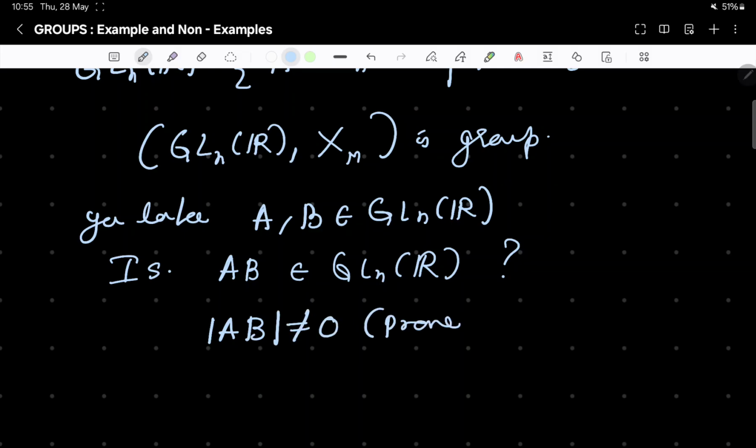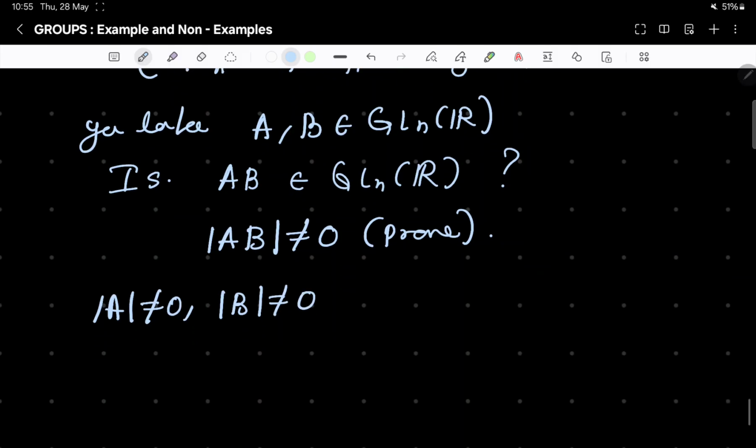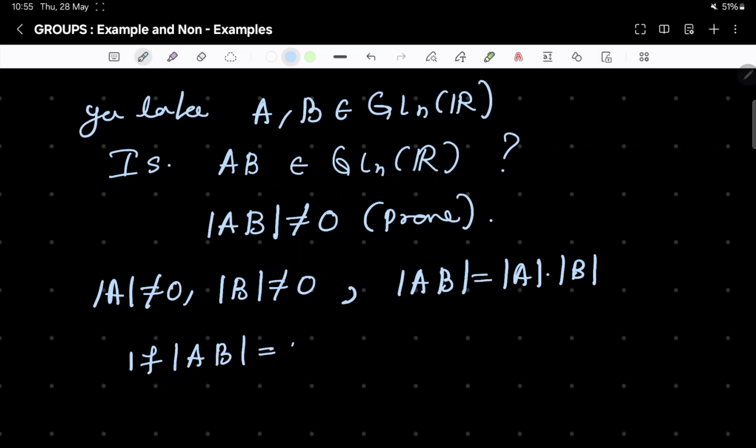So how do you prove this? You have determinant of A is non-zero because A is in GL_n(R), and determinant of B is non-zero for the same reason. Now you have a result, you can prove this later: determinant of AB is equal to determinant of A times determinant of B. So this result shows that if determinant of AB is 0, this implies determinant of A times determinant of B is 0.